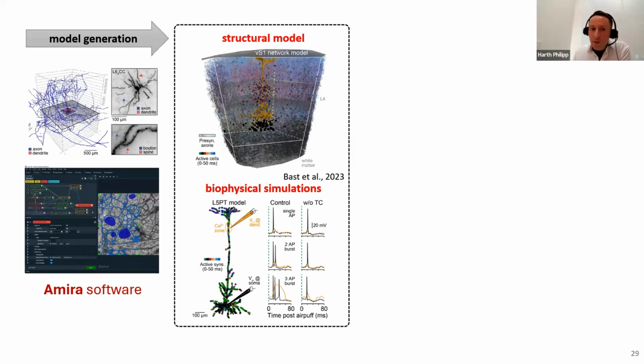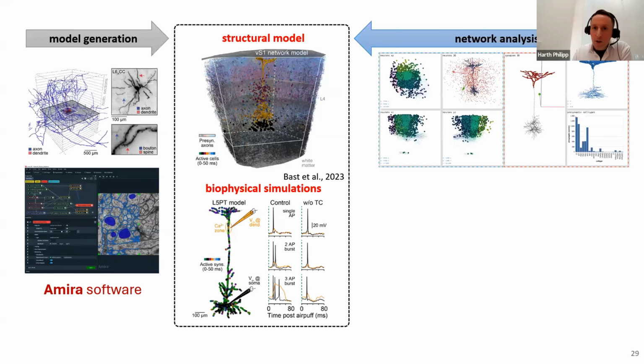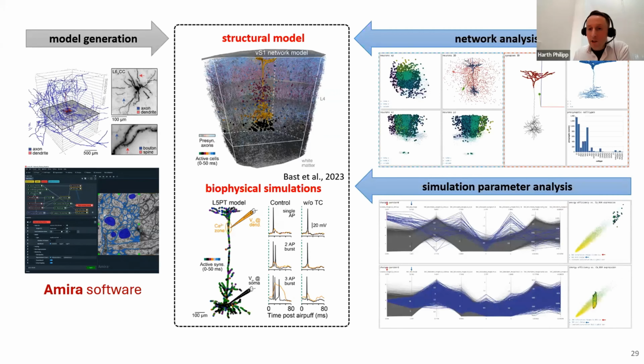And based on the structural model, we can now do biophysical simulations. To understand the structural model, we apply visualization to better understand the network structure. And we also apply interactive visualization to understand the parameter space of these biophysical simulations, because you can make these biophysical models arbitrarily complex with many, many parameters that describe, for example, the ion channel expressions along this dendrite.